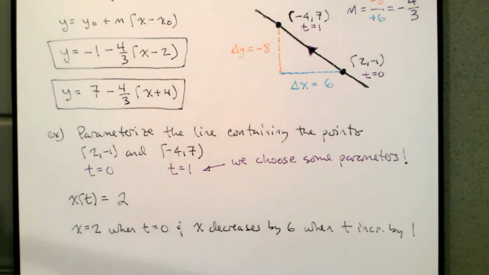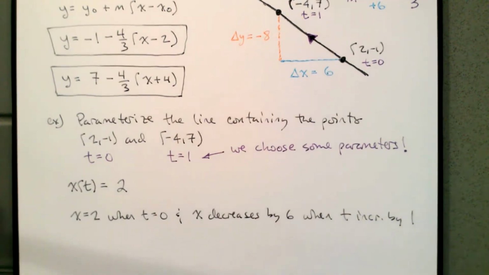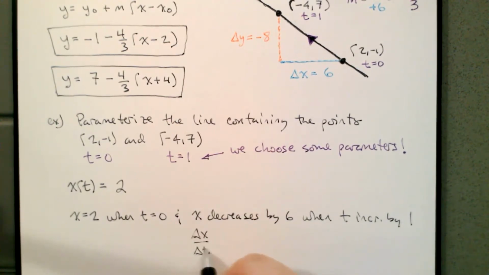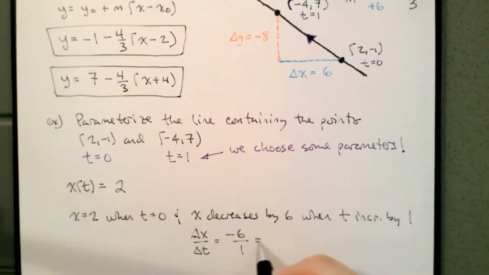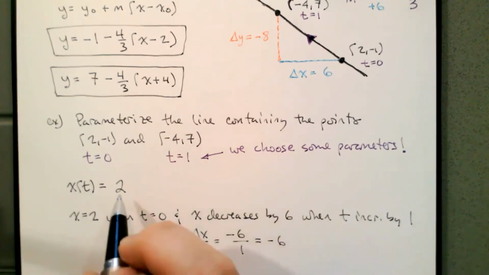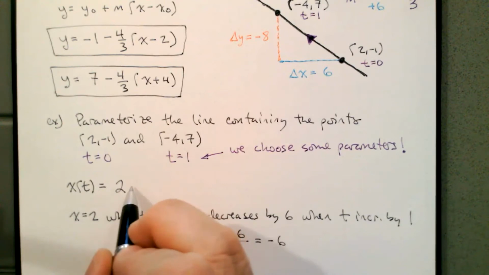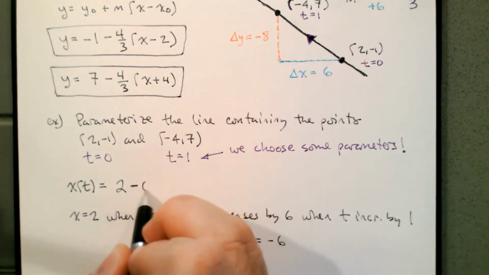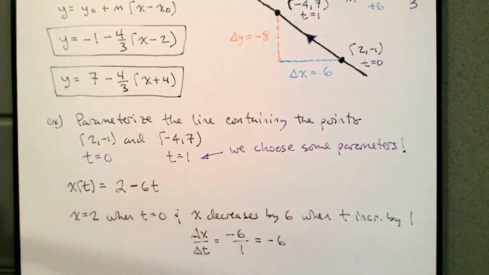So that means the rate of change of x with respect to t, x decreased by 6 when t increased by 1. So we start off at 2, and our slope, the change in x with respect to t, is -6t.